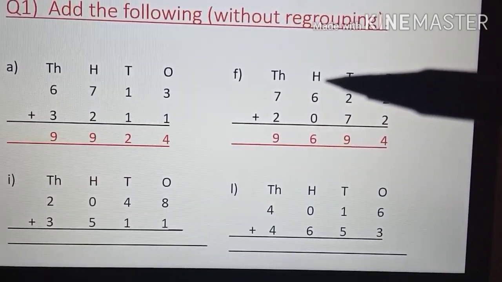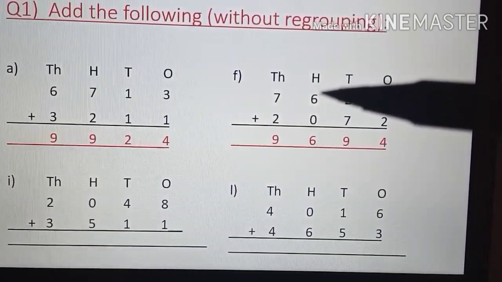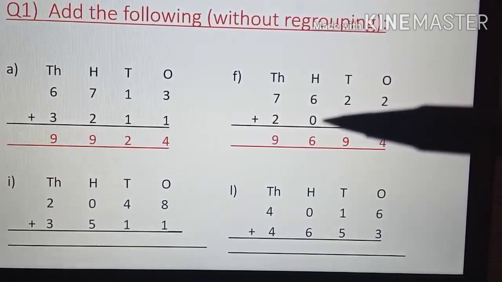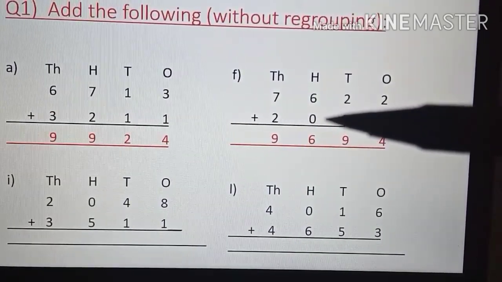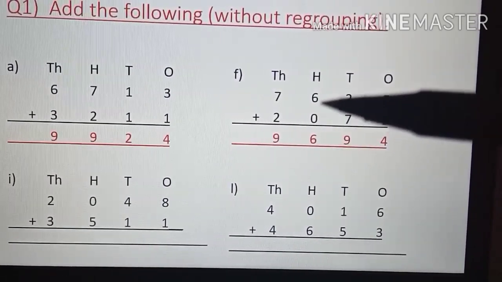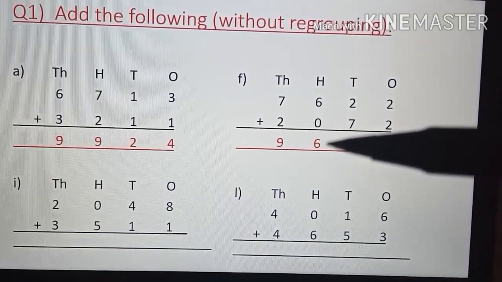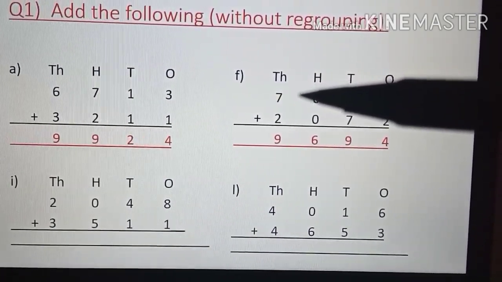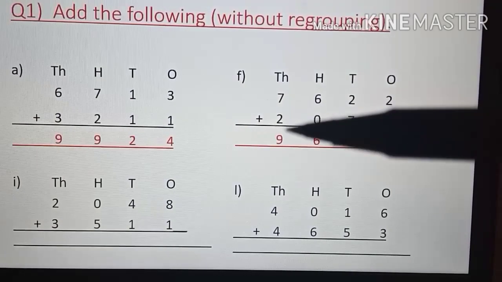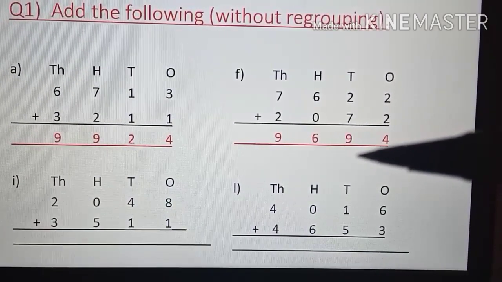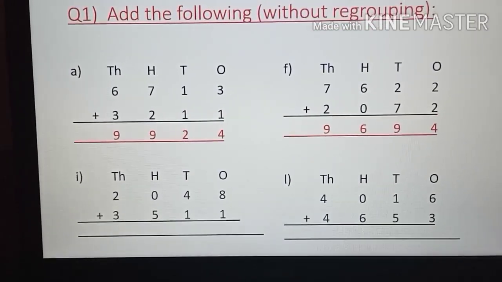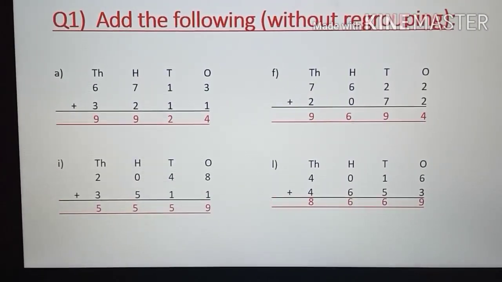Now add under the hundreds column 6 and 0. So when we add any number with 0, we get the number itself only. So 6 plus 0 is 6. Now under the thousands column we have 7 and 2. 7 plus 2, that is 9. Our sum is 9694. Now let's move to the next question, that is question number I.